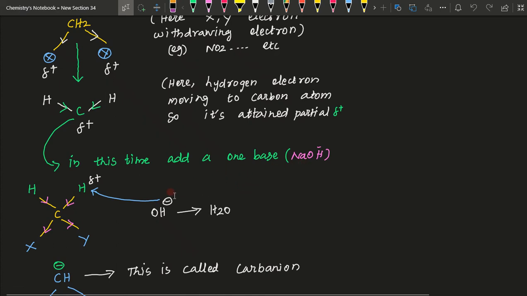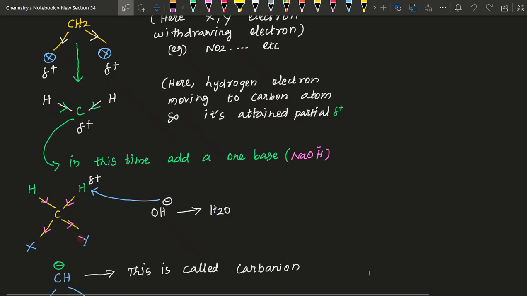This OH minus is going to attack this hydrogen, which is partially positive. So OH minus and here H plus both are joining together and give water.